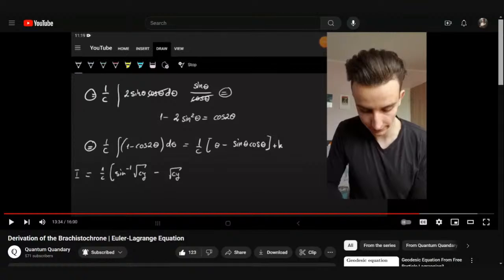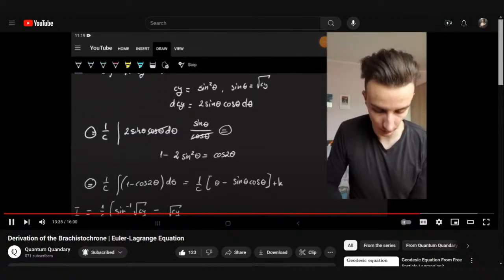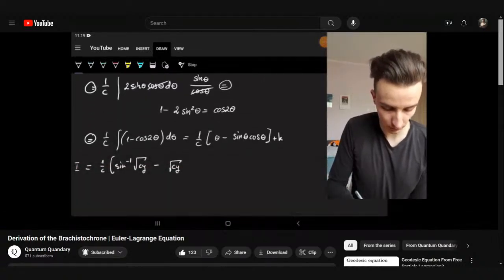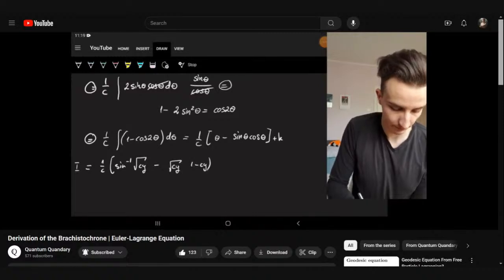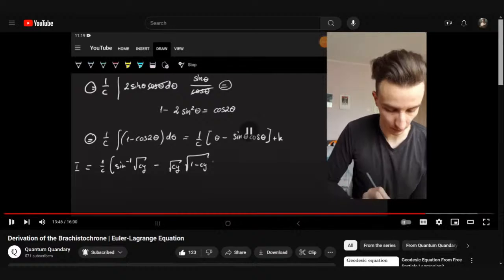Well, we know sine squared theta is cy. So cosine squared is 1 minus sine squared, so it's 1 minus cy. Mm-hmm, that's cosine, all square root. Yeah. No, there's no square root.